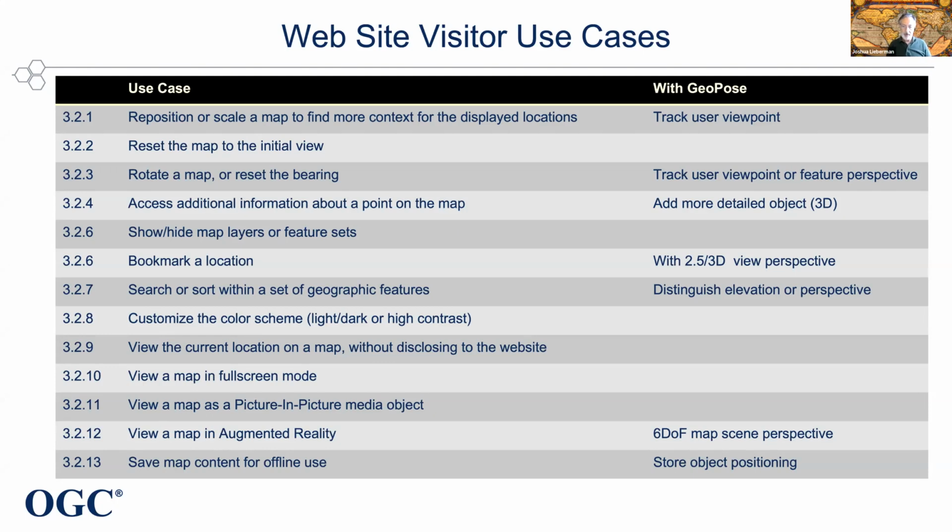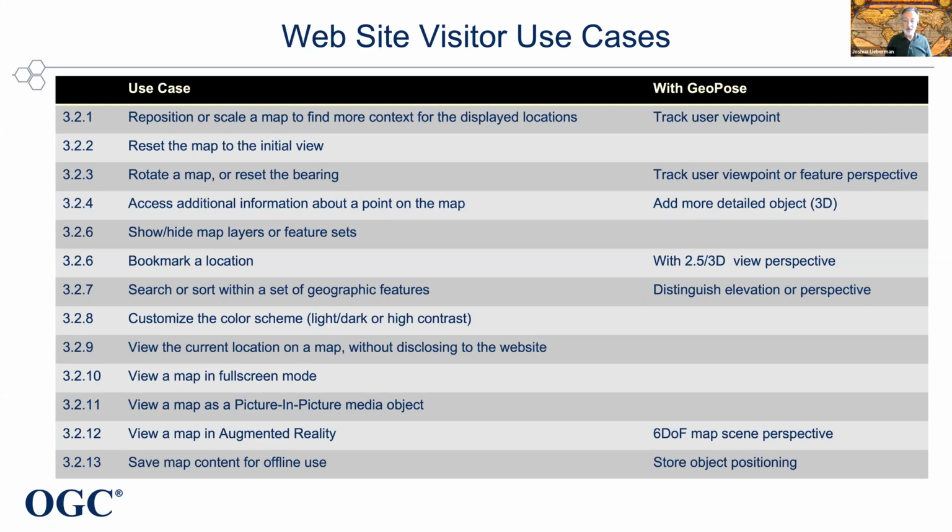So another way that this provides information on a map is to provide 2 or 3D filtering, even within a 2D map layer, to be able to say, for example, searching or sorting within a set of features in a map layer, what's at ground level, or what's higher up in the air, or what things can I see, what things can I not see because they're hidden somewhere else.